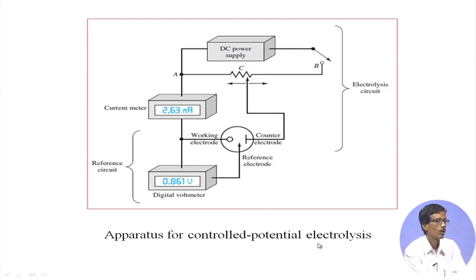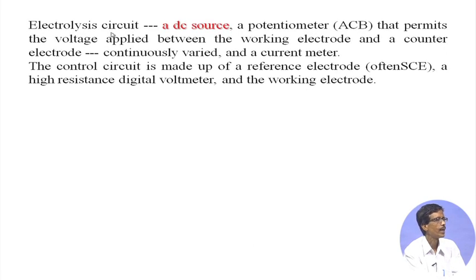If you go for complete oxidation or complete reduction at a particular potential, we find that the magnitude of current will be reducing and will be proportional to that of our electroactive analyte, the species which is getting oxidized or reduced. That means, as its concentration is decreasing with time, your current value will also be decreasing with time. So, that we will see within the electrolysis circuit.